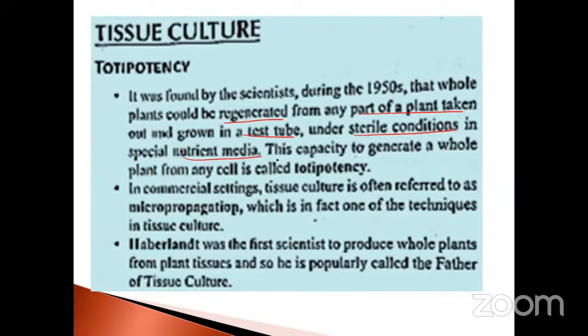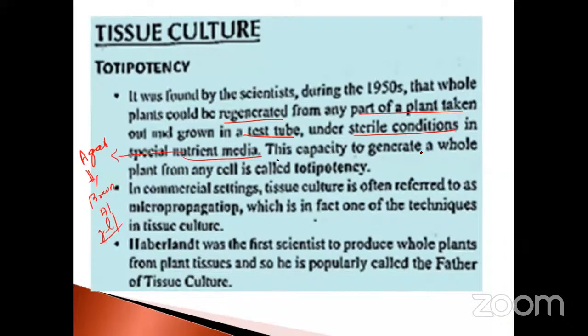What is a special nutrient media? The special nutrient media is nothing but agar. The agar is isolated from one of the algae, brown algae, Gelidium. All those things we already know.